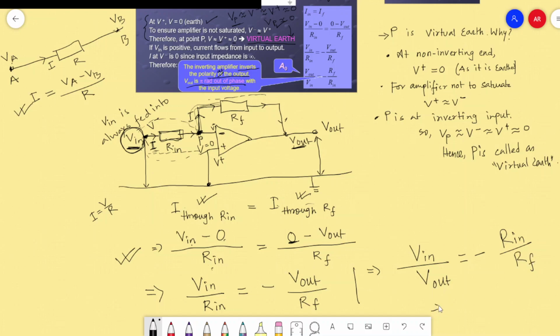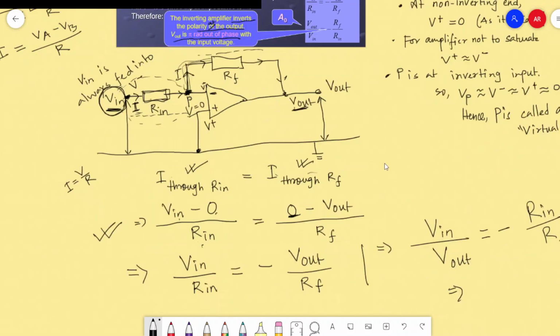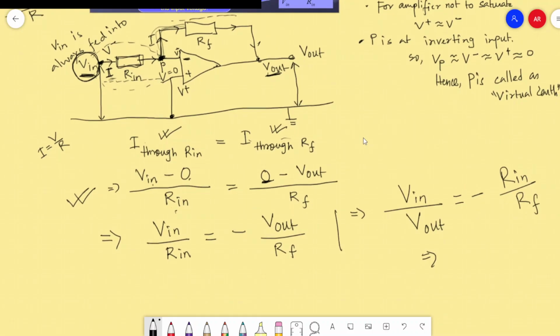And now I'm going to flip it, because I'm going to get the gain, and gain is output voltage by input voltage, not input by output. Input by output is 1 by gain, so I want to get the gain, so I'm just flipping it. So output voltage by input voltage is, flipping the right hand side again, feedback resistance by input resistance.